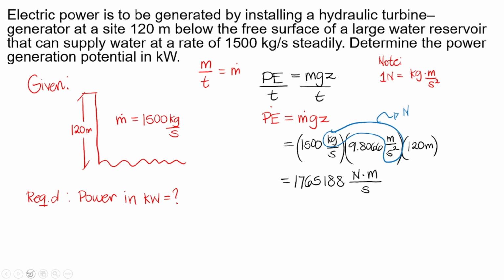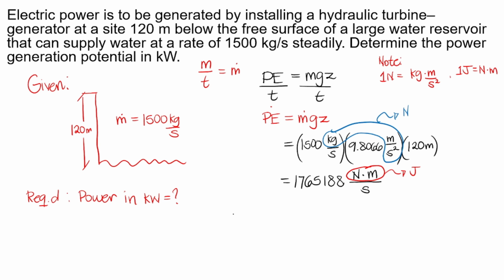And you must also remember, take note that, ano pang kailangan tandaan? 1 joule is the unit of energy as well as Newton meter. 1 joule is equal to 1 Newton meter. So, kung 1 joule daw ay equivalent sa 1 Newton meter, ibig sabihin itong Newton meter dito, pwede natin gawing joule.